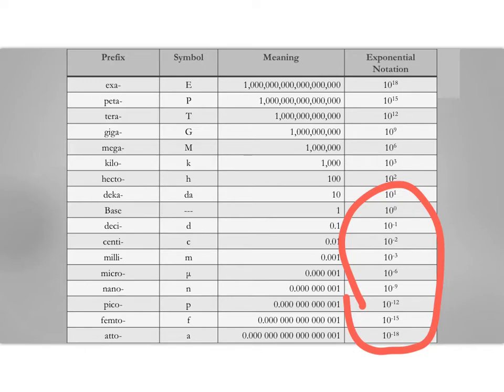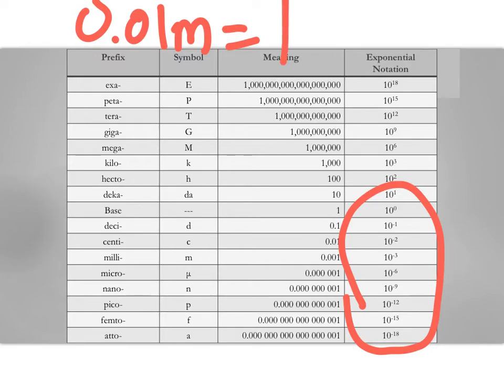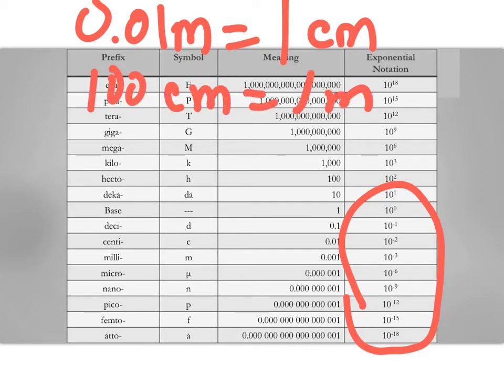So if I have 0.01 meters, that is going to be equal to 1 centimeter. Centi meaning 100. There's 100 centimeters in 1 meter.